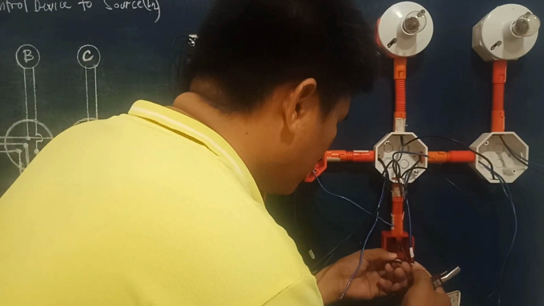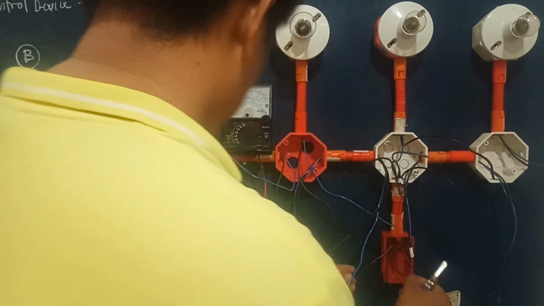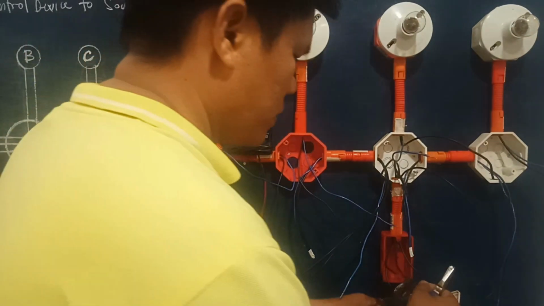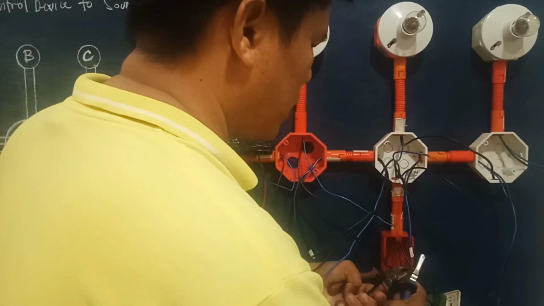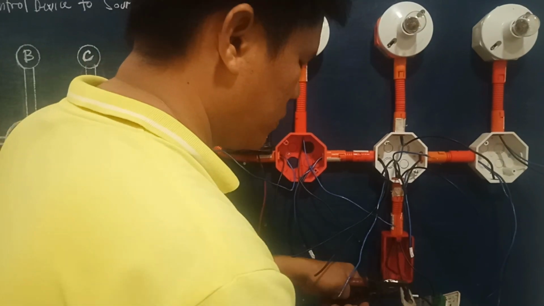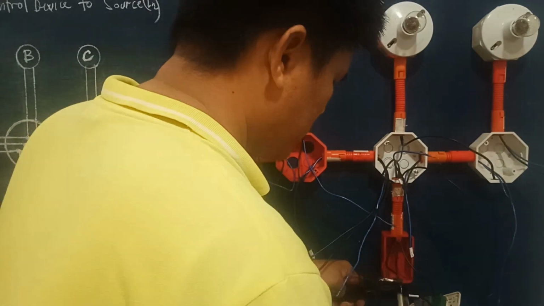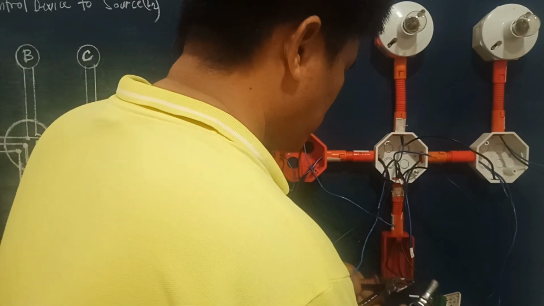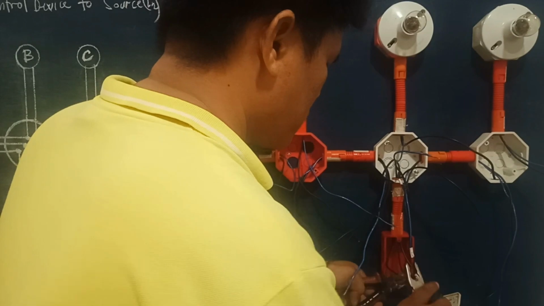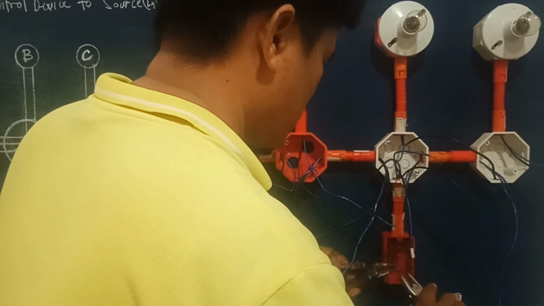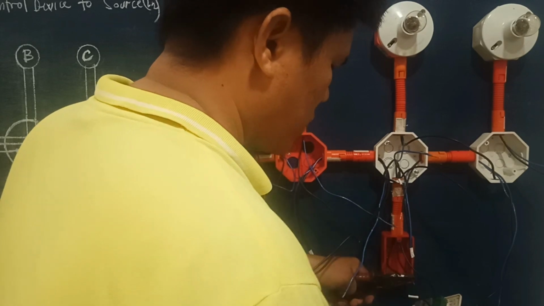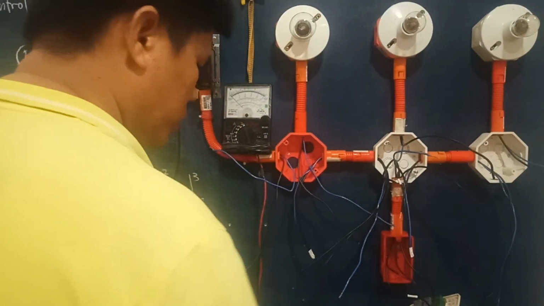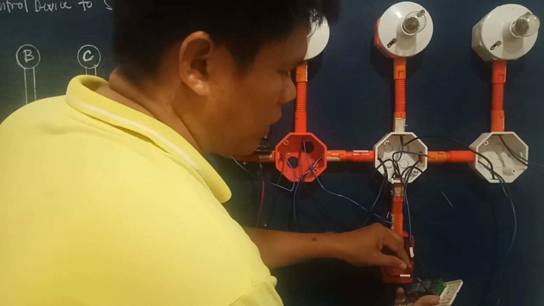Okay, so for number 2, we have here number 2. So this way, just remove the insulator, then twist the wire. Okay, so insert for number 2 rotation right here.